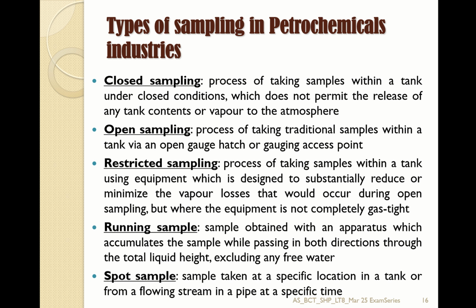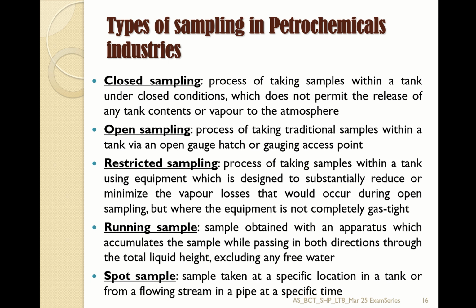Next one is open sampling. This one is straightforward. You just go on top of the tank, open the gauge, open the hatch, and then just lower down your bottle to collect your sample. Restricted sampling is in the middle, basically between closed and open.